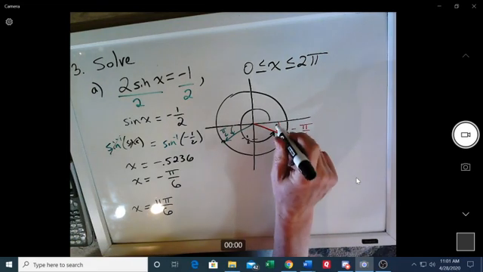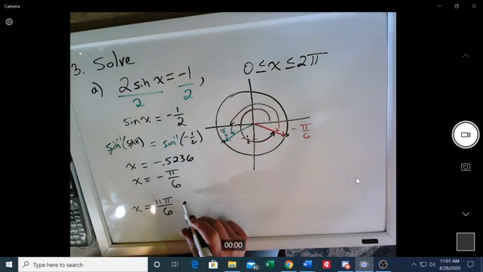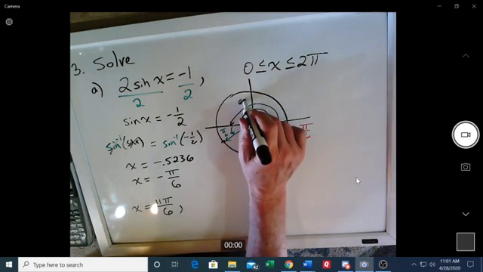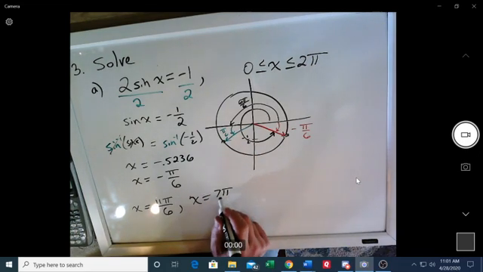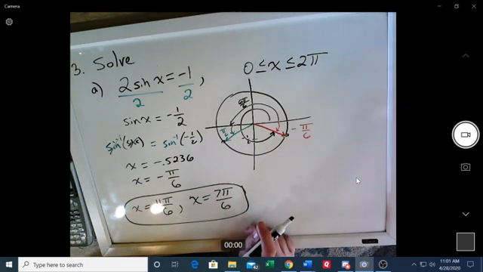But the whole angle was pi plus pi over 6. So pi is the same as 6 pi over 6 plus 1 pi over 6, 7 pi over 6. I'm getting these two angles.